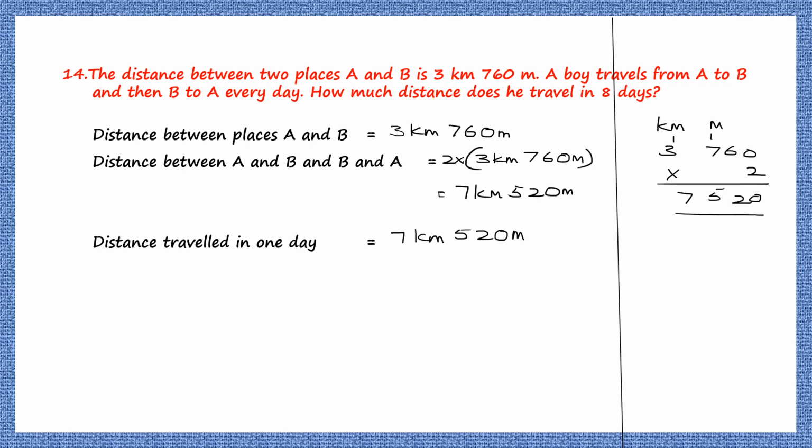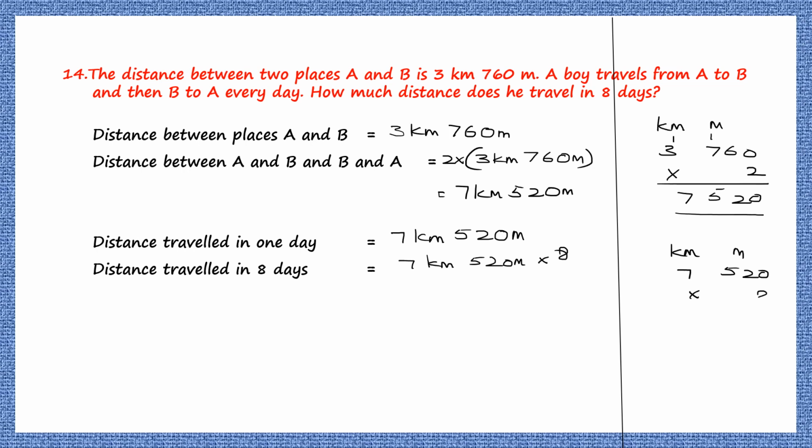Now we have been asked to find the distance he travels in 8 days. That means 7 kilometers, 520 meters, which is one day, into 8 will give us 8 days. So let's multiply that. Again, we have kilometers and meters. 7, 520 multiplied by 8.